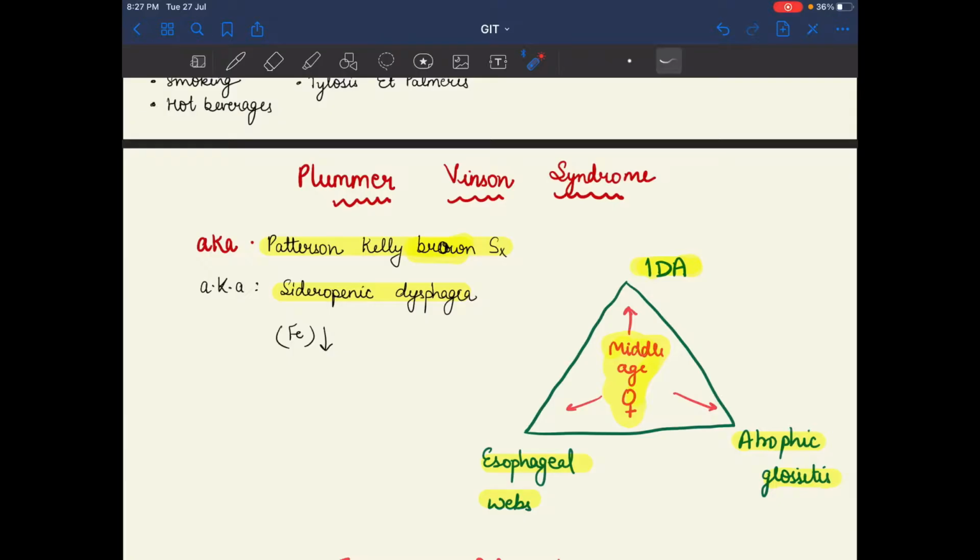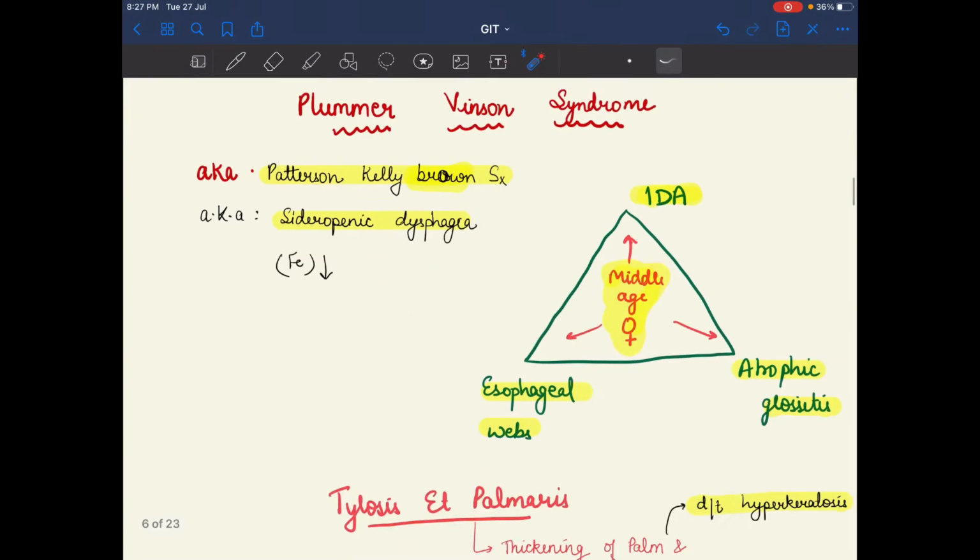She has iron deficiency anemia, atrophic glossitis, and esophageal webs. Sidero means iron, penic means deficiency, so iron deficiency. So this is the triad of Plummer-Vinson syndrome.